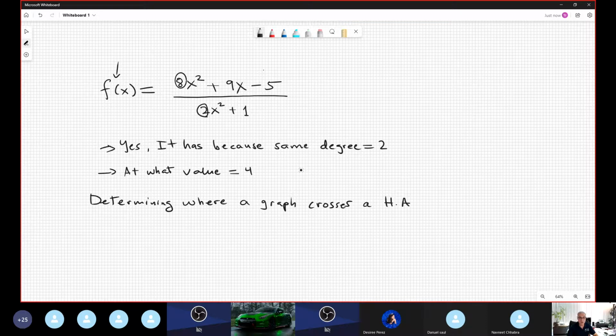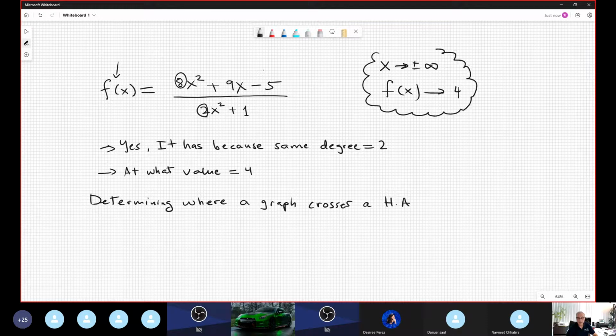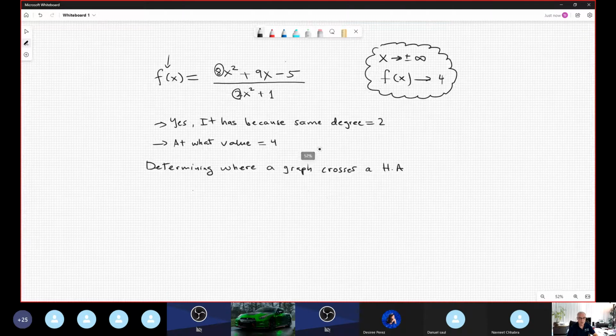To investigate this situation, I know that this is my graph. I know that when x approaches infinity or negative infinity, in both directions, the function approaches 4, because this is the idea behind horizontal asymptote. So you copy the function given at the beginning, and you force it to be equal to 4.